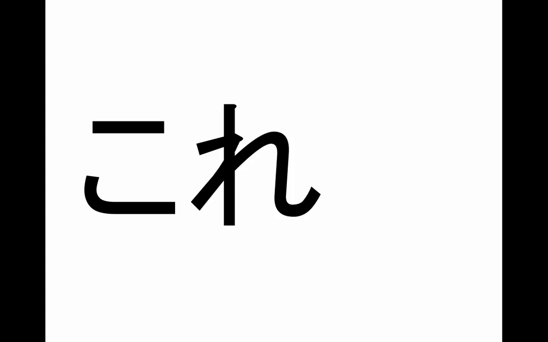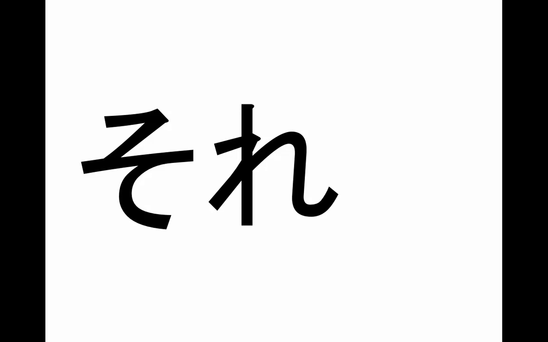Okay, so let's do a little pronunciation practice with it. Kore, kore, kore. It means this, near me. Since this generally means near the person speaking anyway, most of the time we just translate it as this. Therefore, sore is going to be that, near the person you're speaking to.